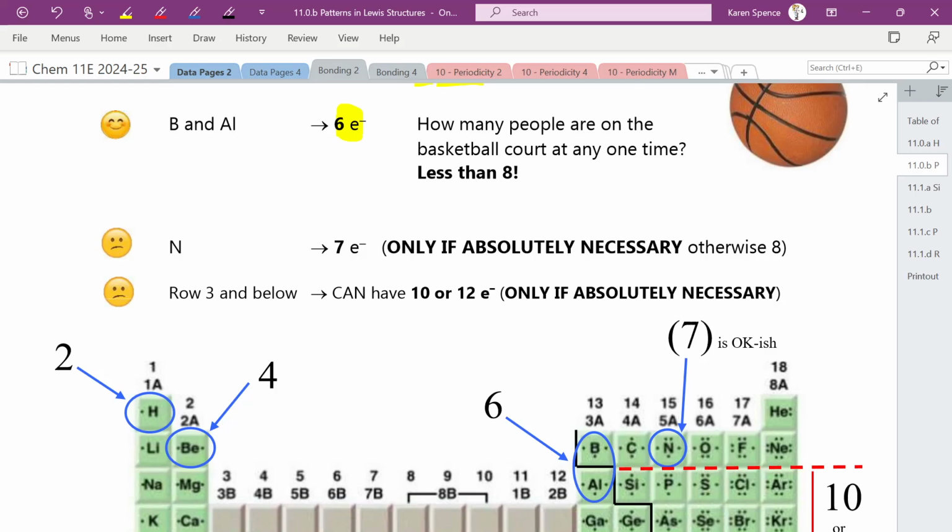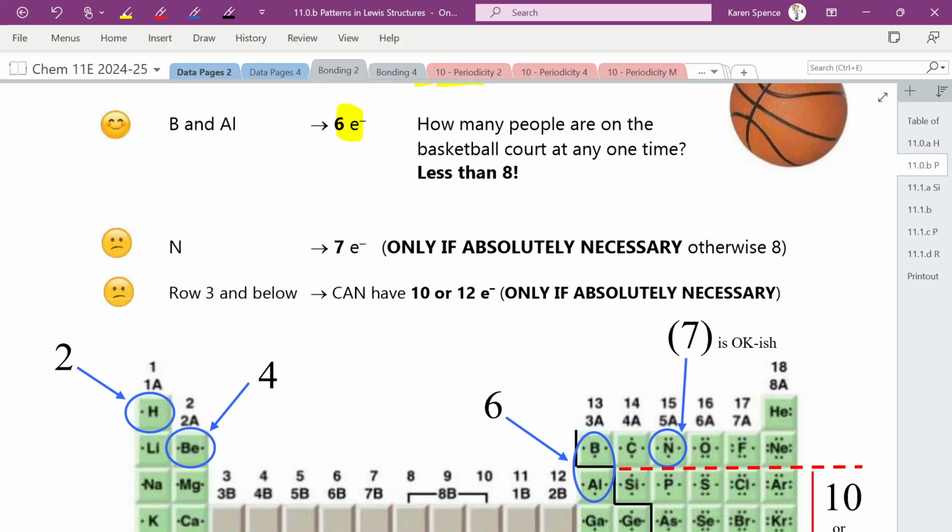And it's because what happens as you go down the periodic table? The atoms get bigger and bigger and bigger. So there's just more room out here to accommodate extra electrons. So you can just kind of jam them in. Okay? But you cannot do that in neon or helium.